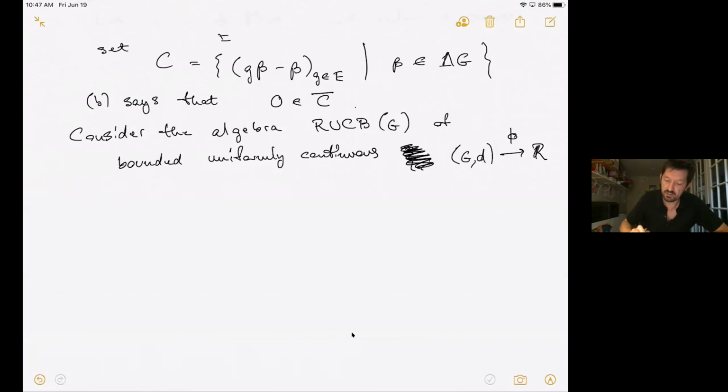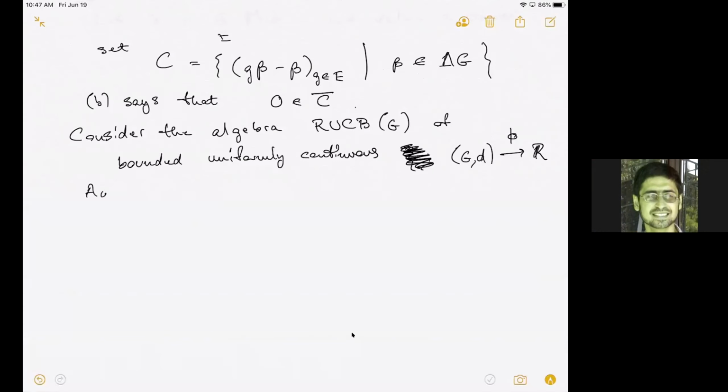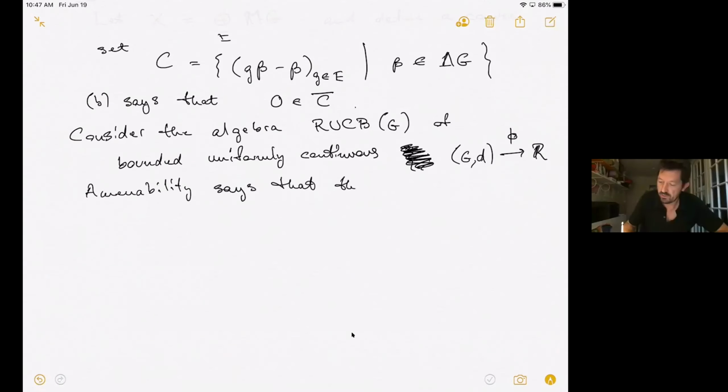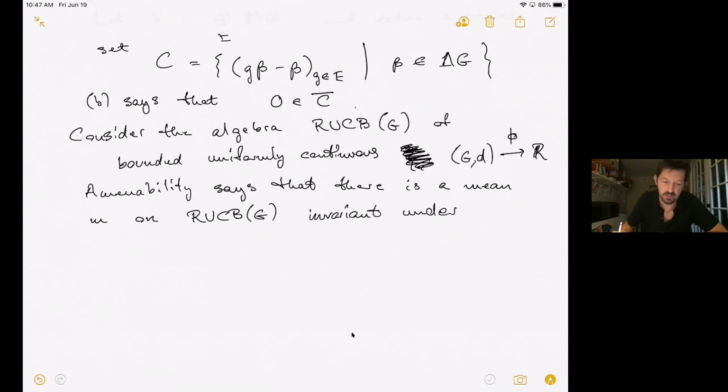And so what is amenability? Amenability says that there is a mean M on this algebra, so a normalized positive linear functional on this algebra of functions, which is invariant under the left regular representation.